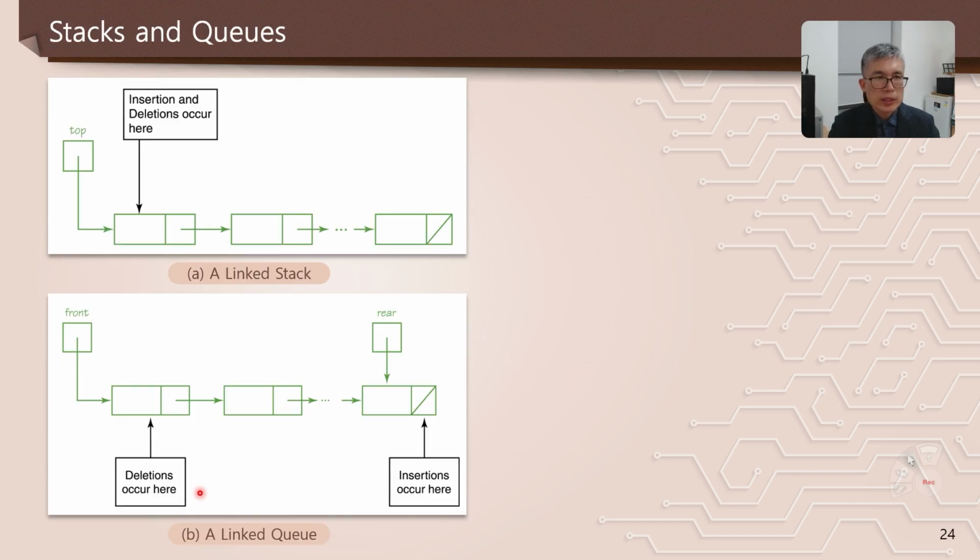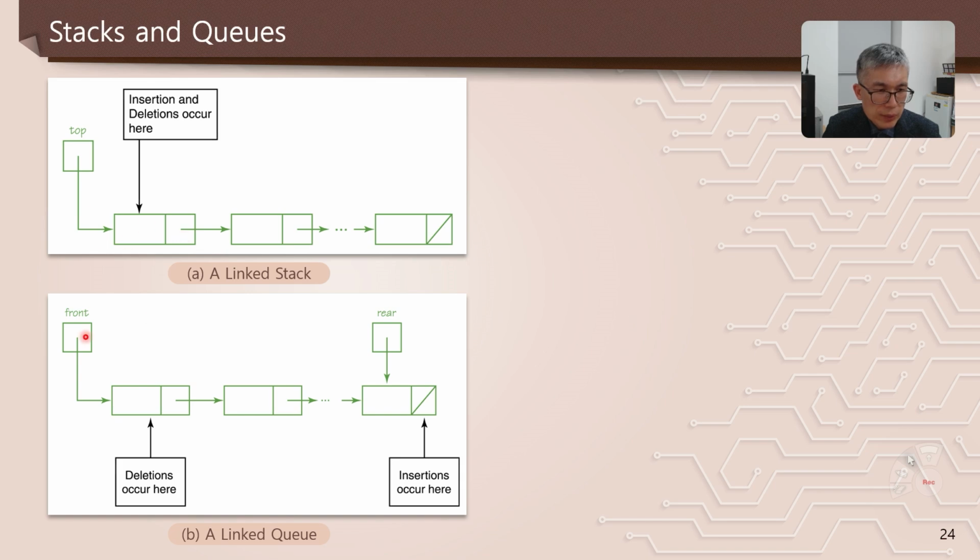So stacks and queues using linked lists. In the linked stack, top points to the stack member, last in, first out. In the queue case, it is first in, first out. So top points to the latest added one.